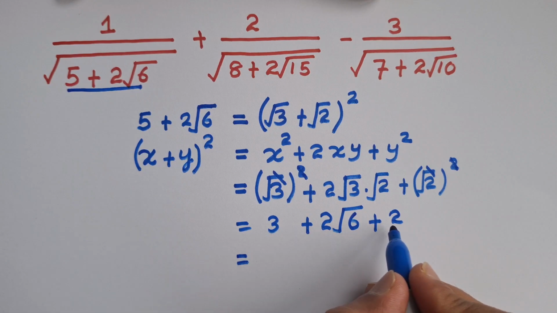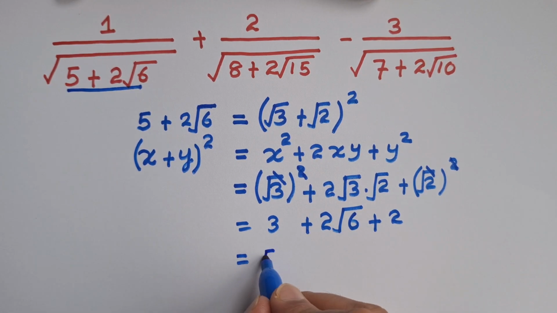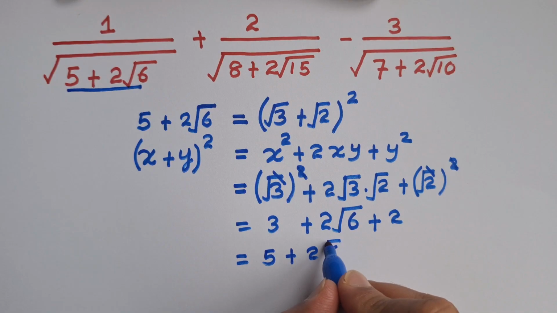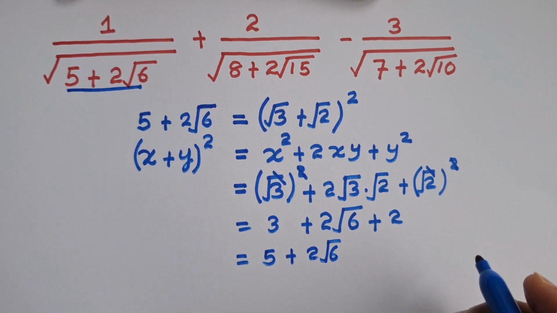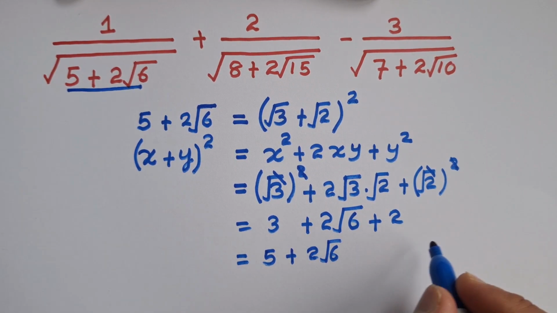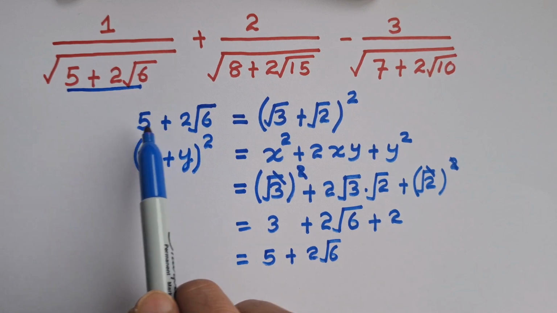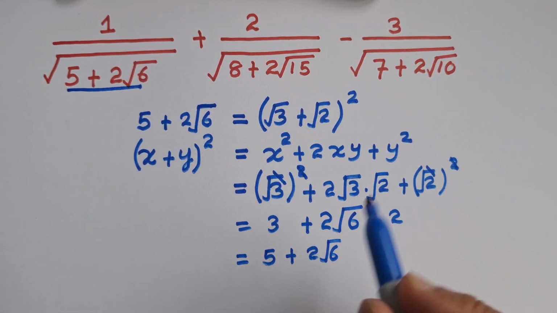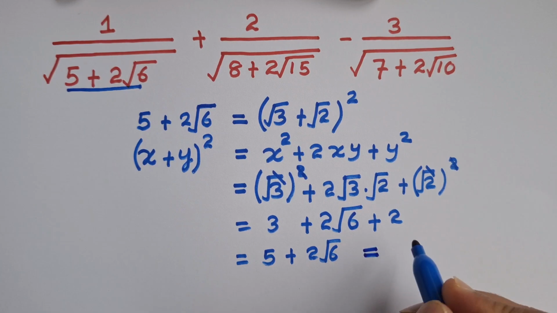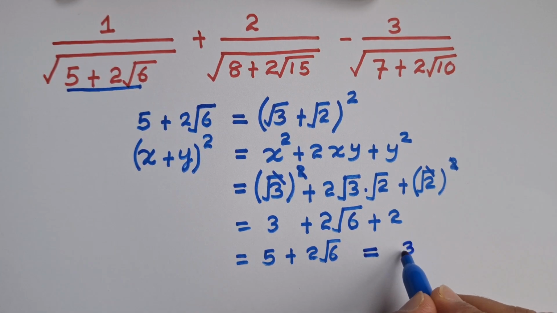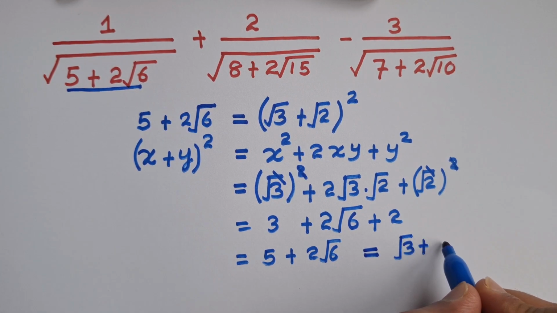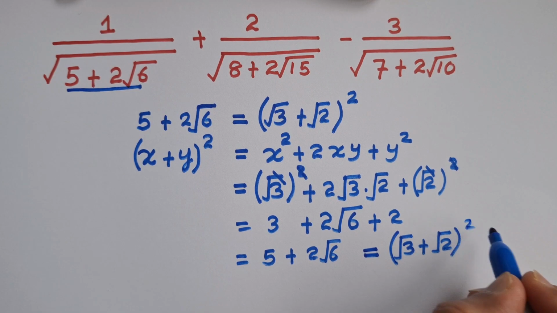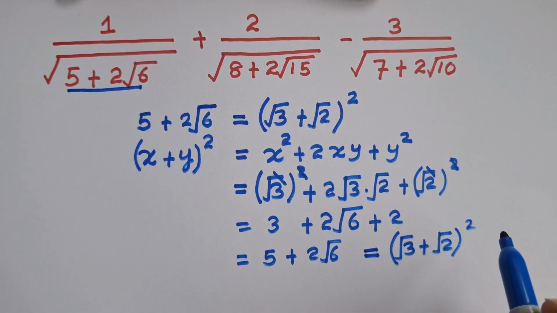We have 2. 3 plus 2 is equal to 5. Then we have 5 plus 2 times square root of 6. So it is clear that 5 plus 2 times square root of 6 is equal to square root of 3 plus square root of 2 whole to the power 2.